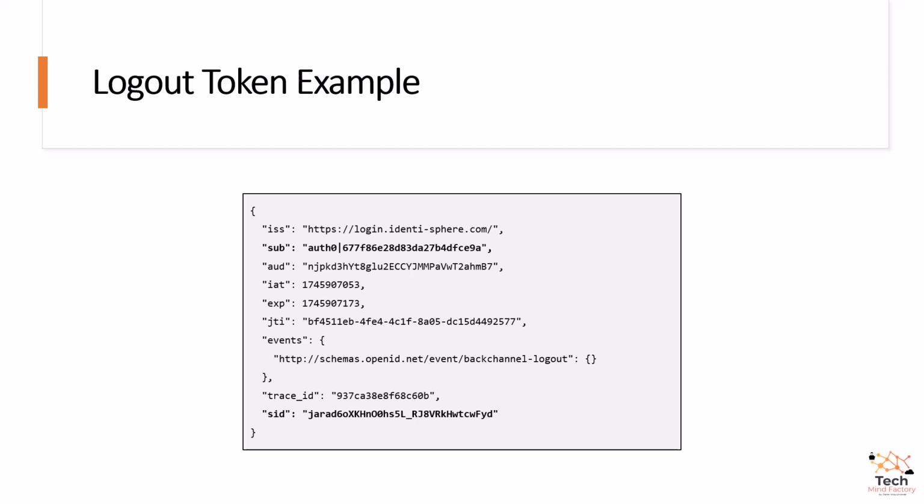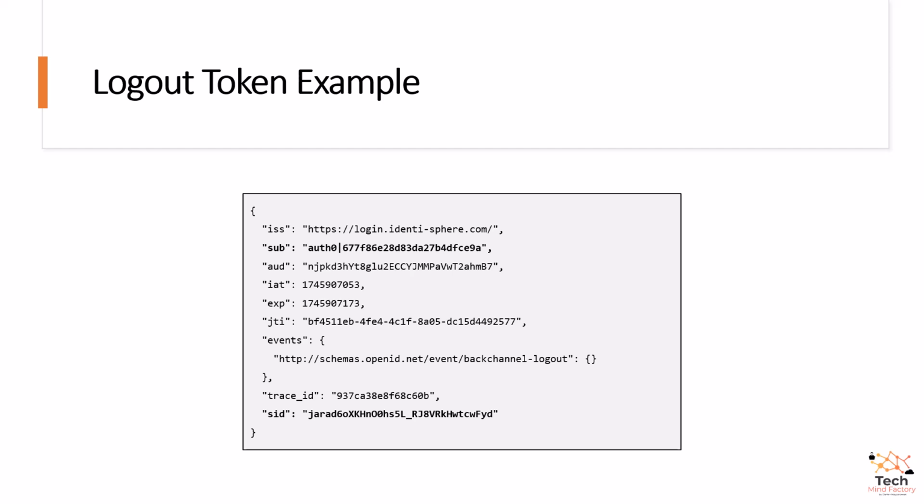And there is also the sid, or session ID claim, which contains the ID of the session for the authenticated user. And under the events claim, we have the specific information that this is a back-channel logout event, okay? This is defined by the OpenID Foundation. This token is sent by Auth0 to applications when we want to sign the user out globally.